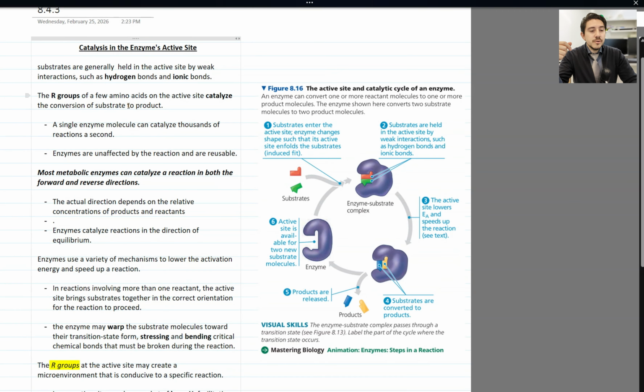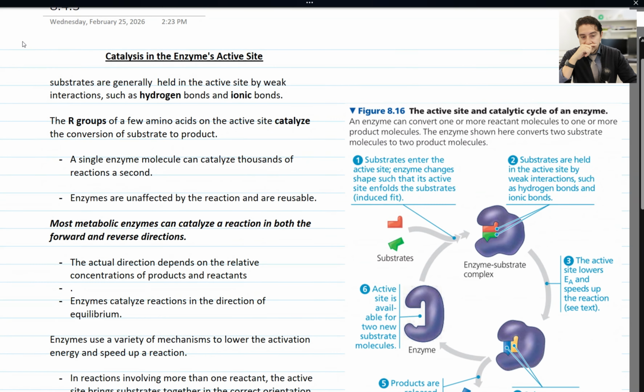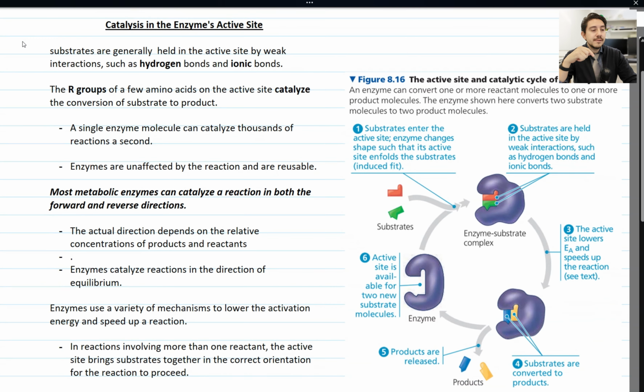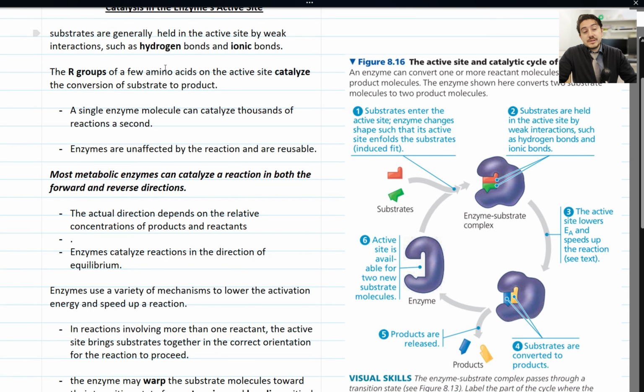Okay, so the catalytic activity of the active site we're going to jump into now. Substrates are generally held in the active site by weak interactions. You guys know weak interactions: hydrogen bonds, and ionic bonds, though ionic not so much, but hydrogen bonds.